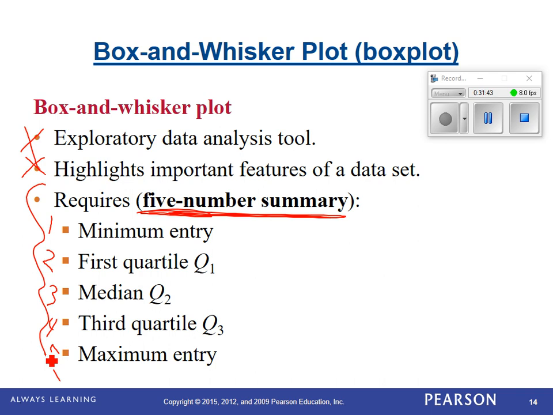So the 5-number summary, just those 5 numbers, none of them really hard to find. Minimum, what's that tell you to find? Lowest number. Maximum, what's that tell you to find? The biggest number. Then the 3 quartiles. So to make a box and whisker plot, we're going to find those 5 numbers.